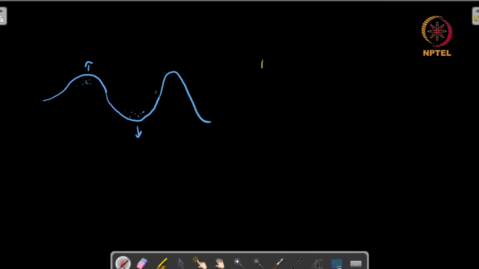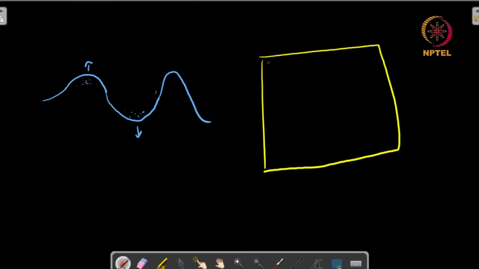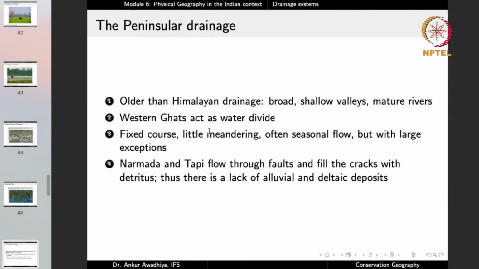But if you have an area where you have rocks and because of long times of erosion, now the courses have been etched in the rock, it is now not possible for these rivers to erode the sides and create a meander. So they have a fixed course with little meandering.